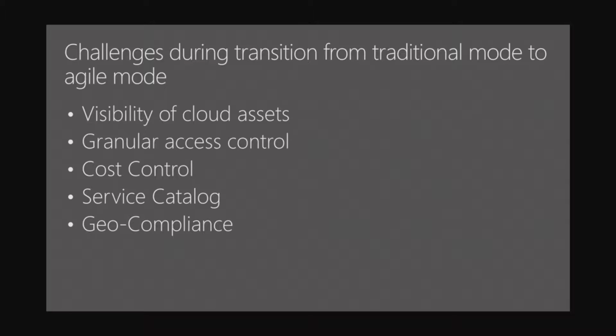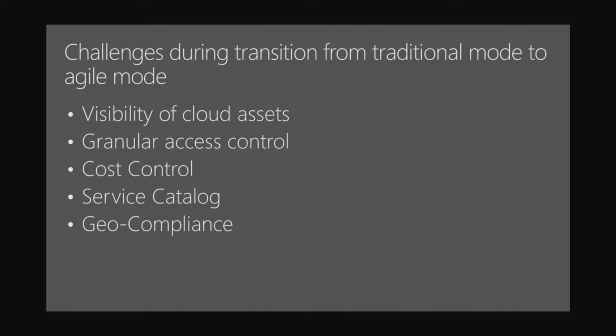How many times have you seen unexpected cost on your bill? And then later you find some unexpected resources just sitting there idle and burning your money, like a DS15 VM left for a month, which is about $1,000. So organizations want to have some way to do cost control.